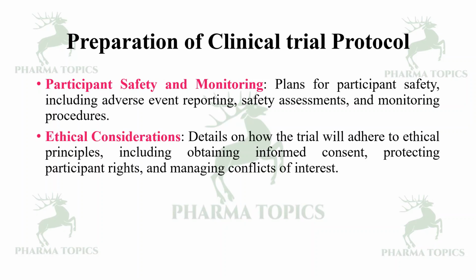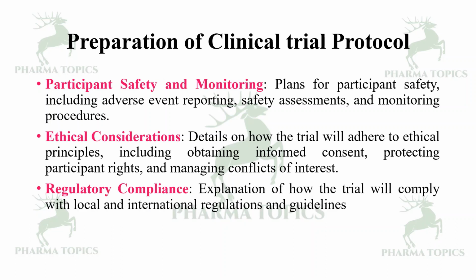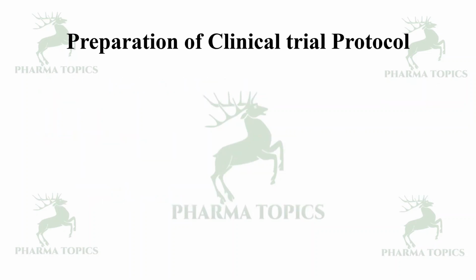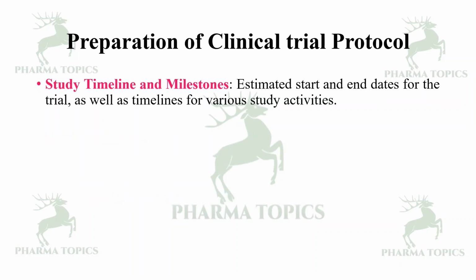Then ethical consideration. It should have the details on how the trial will adhere to the ethical principles, including obtaining informed consent, protecting participant rights, and managing the conflicts of interest. Then regulatory compliance. It should have an explanation of how the trial will comply with the local and international regulations and guidelines. Then study timeline and milestones.